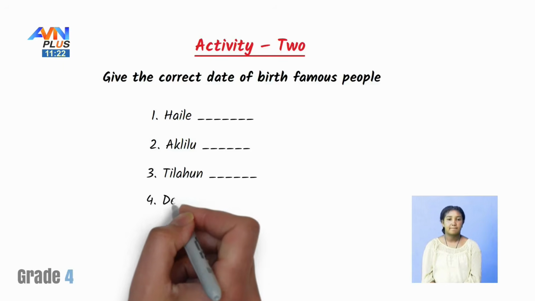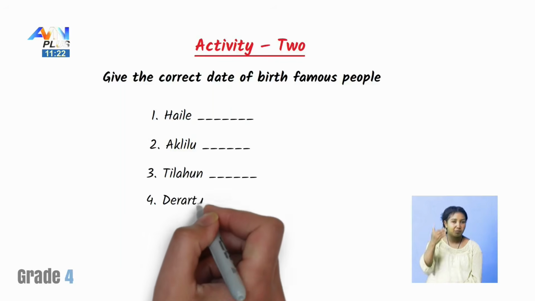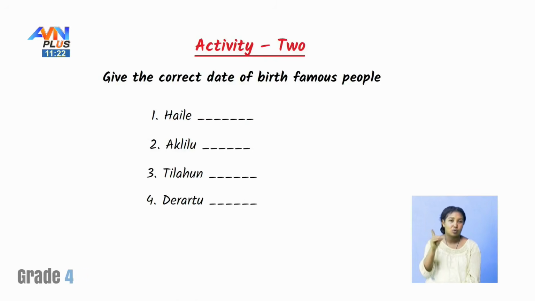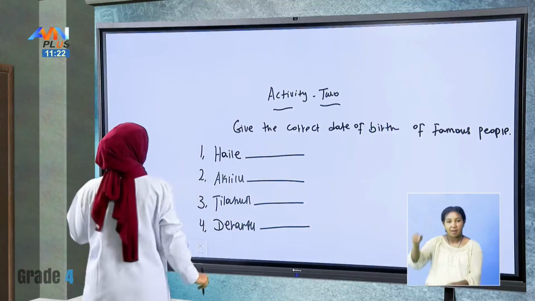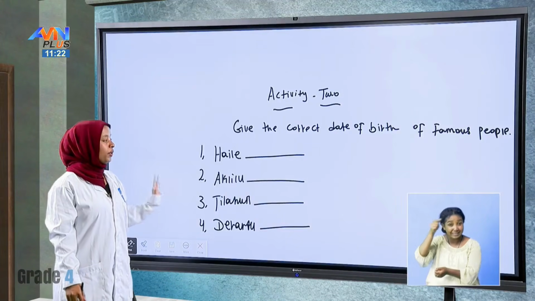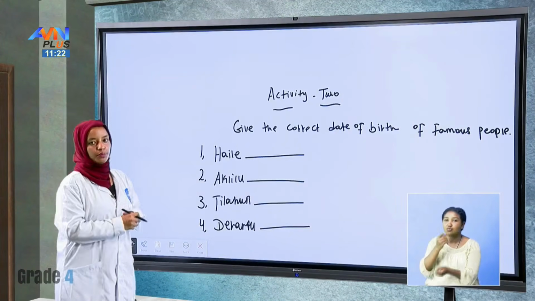And also we can mention the famous Ethiopian female runner, Derartu Tulu. Here is Haile Gebrselassie, Dr. Aklilu Lemma, Tilahun Gessese, and Derartu Tulu. Let me give you some time until you are finished.